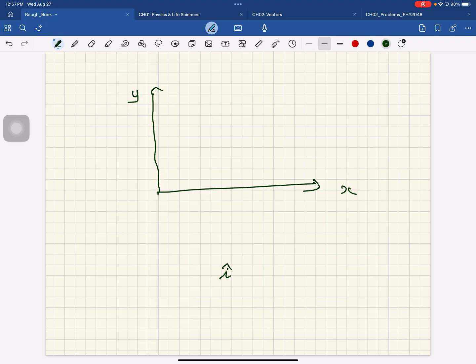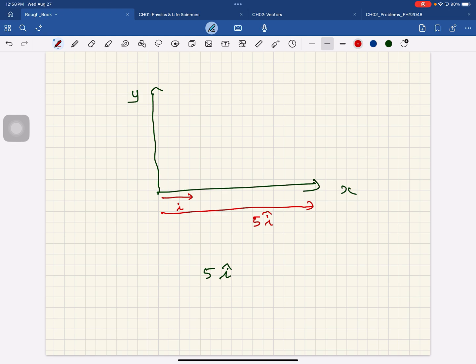All right. So what is that? A vector. What is this? It's a vector, but like back and forth. So there is i hat, and there is 5i.